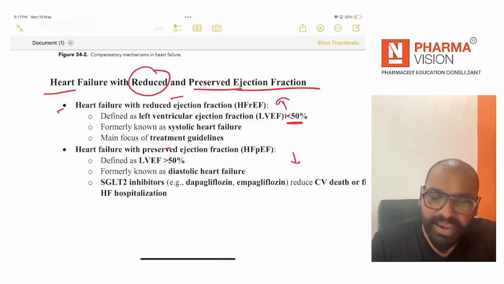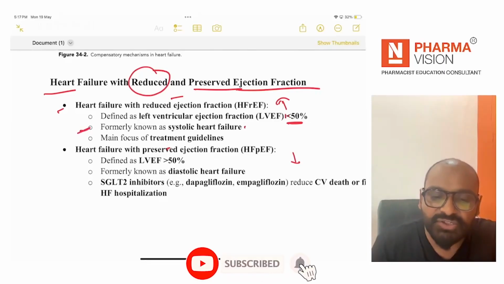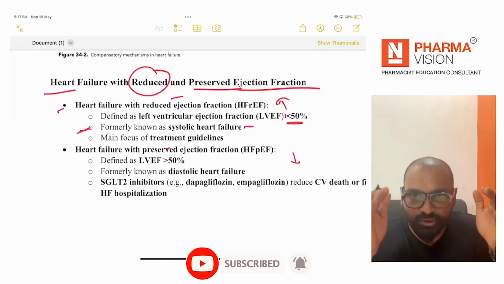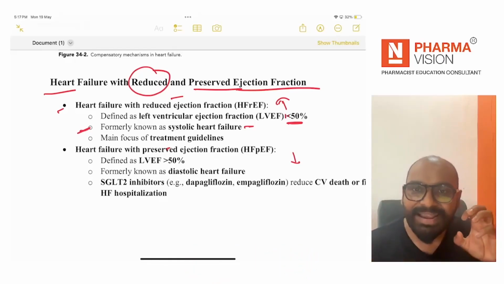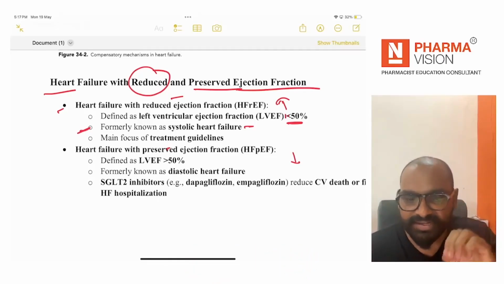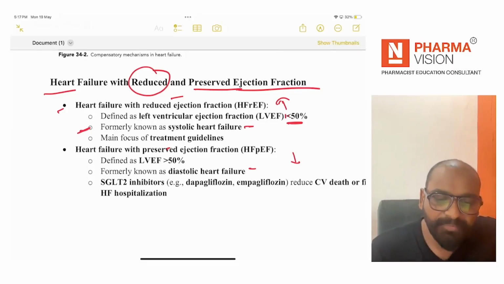So this is the baseline of the definition, formerly known as systolic heart failure. Why systolic? Because systolic is based upon getting out. Okay, getting out, that is systolic. Diastolic means filling up. Okay, so that is formerly known as diastolic heart failure.